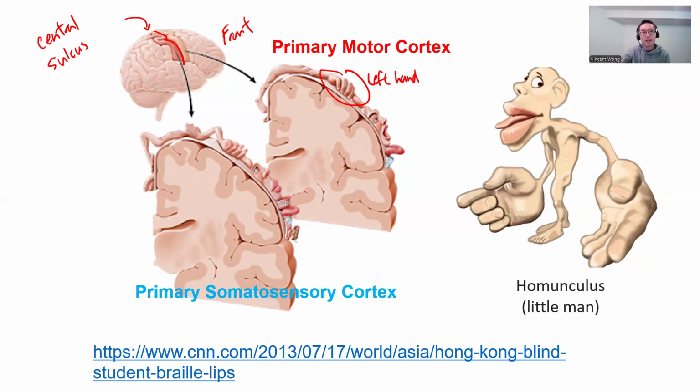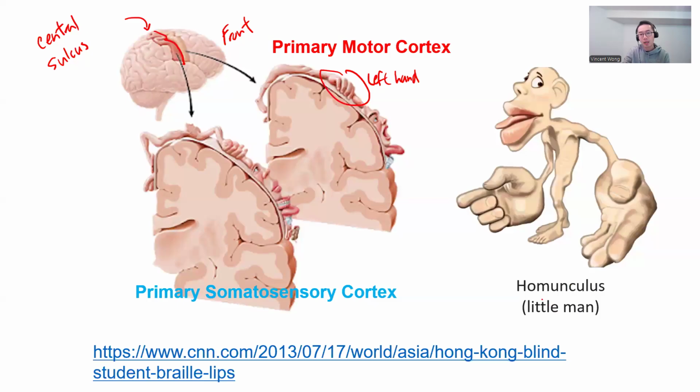Now, in terms of the number of neuronal connections, it's not equally distributed. There are more neurons going to and coming from certain body parts than others. To represent this visually, there is this very famous diagram.